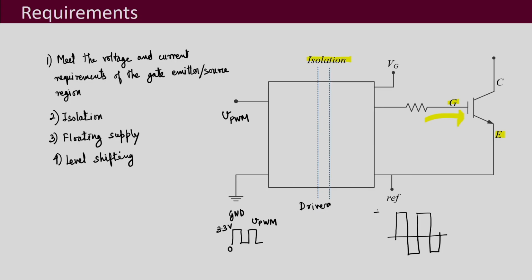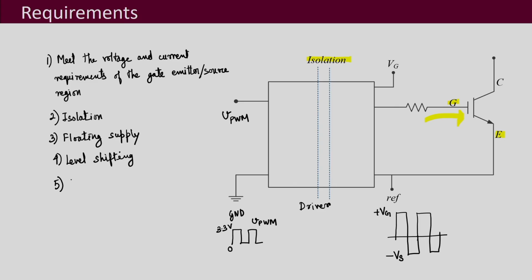That may be your plus Vg, plus 15 volt, 12 volt, 18 volt, whatever is the requirement of that particular IGBT or MOSFET, and you may give some small negative voltage also, depending on whether it is a MOSFET or an IGBT. So it should be able to do the shifting in the level. That is your level shifting.